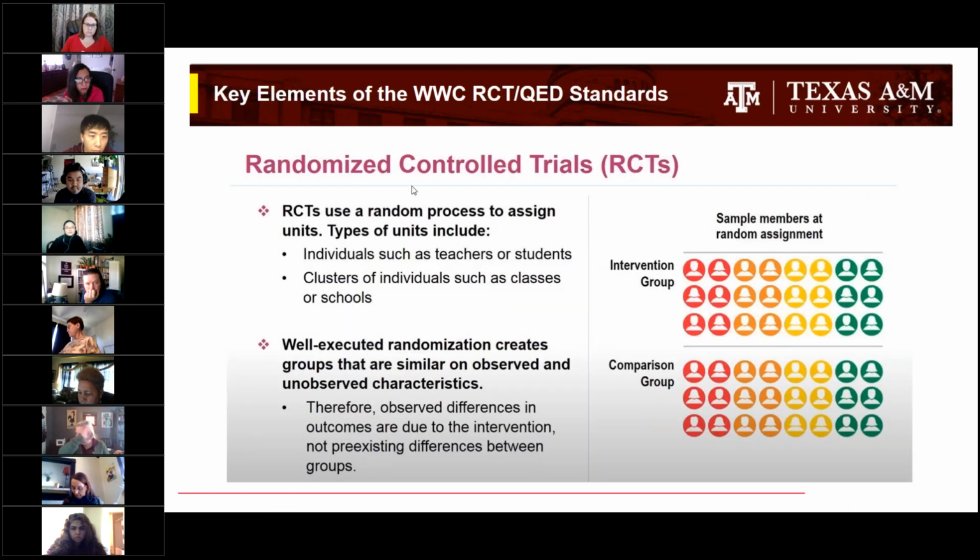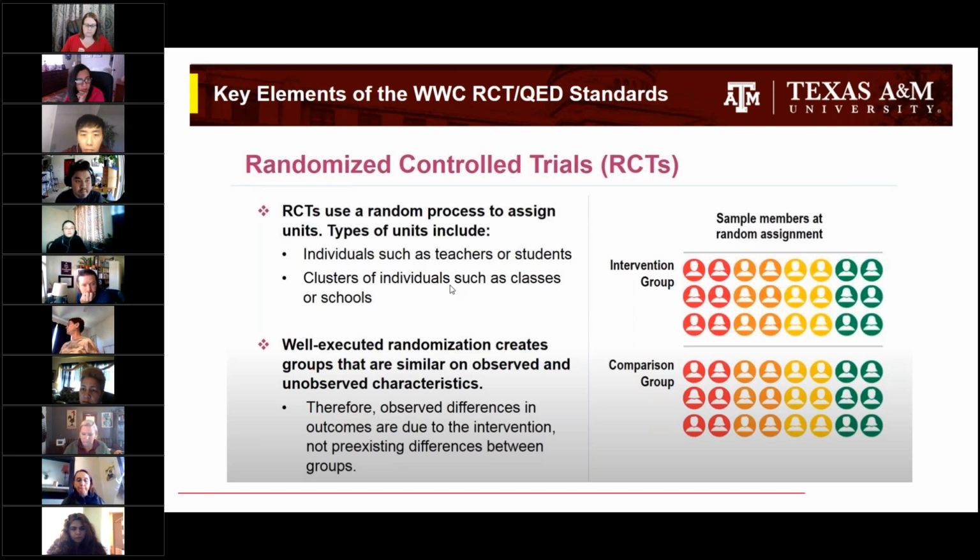So next we will talk about what an RCT is. An RCT uses a random process to assign units. Types of units include, for example, teachers or students, or clusters of individuals such as classes or schools. An individual unit, such as a teacher or student, is the case when the intervention units are teachers or students.